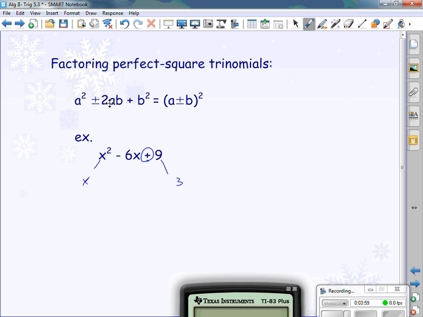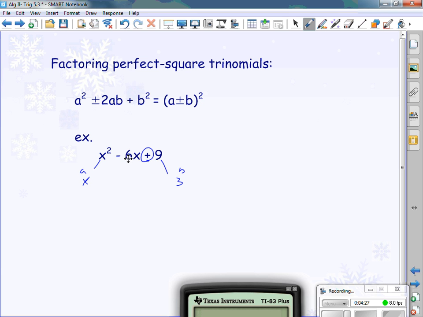Now this 2ab, if this is A and this is B, what's 2 times A times B? Look at what I have here. What's 2 times 3 times x? 6x.